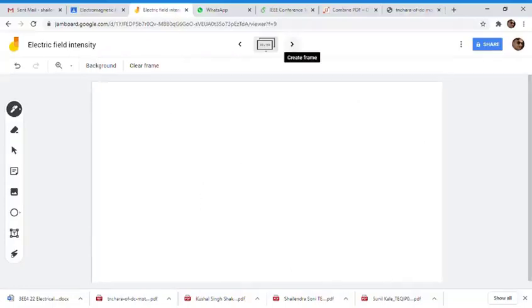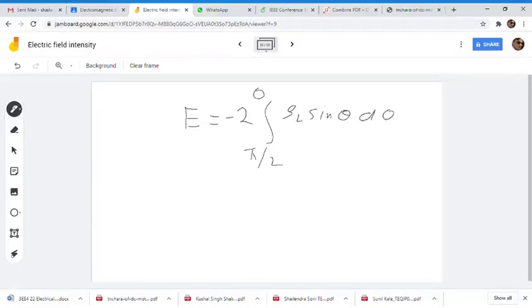So your E will now become minus 2 integral from pi by 2 to 0 of rho L sin theta. One cosec theta will be remaining, the others will be cancelled out, so it will become sin theta in the numerator, divided by 4 pi epsilon rho.